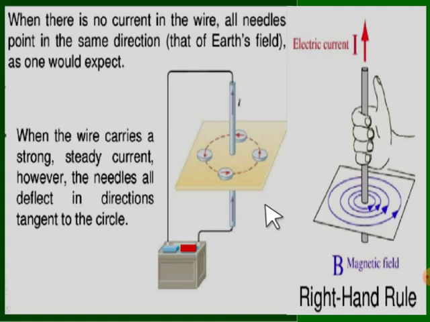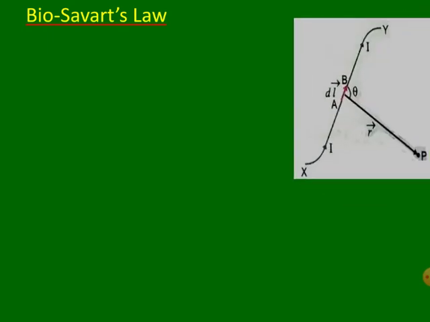Now let's see about Biot-Savart's law. This Biot-Savart's law gives you the magnitude as well as the direction of the magnetic field produced by a small elemental length of a current carrying conductor. Let's see.